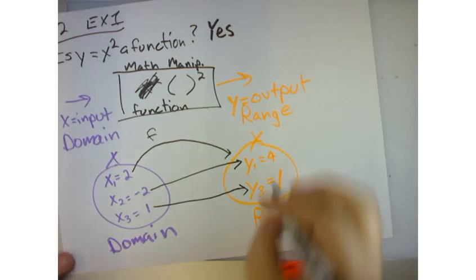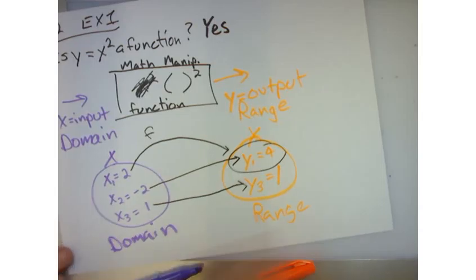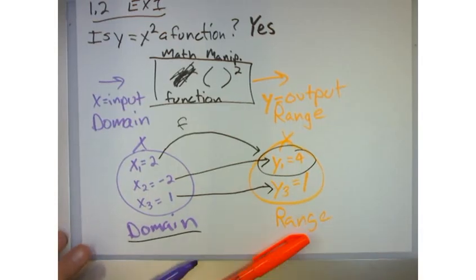Now it is true this y equals 4 has 2 arrows coming towards it, but we really are not concerned about that. When we define what a function is, we're going to focus on the domain. So if you were to draw a mapping of f, the domain will only have one arrow or mapping leaving from it. In fact, the formal definition will say one unique. Right? So that's a function.